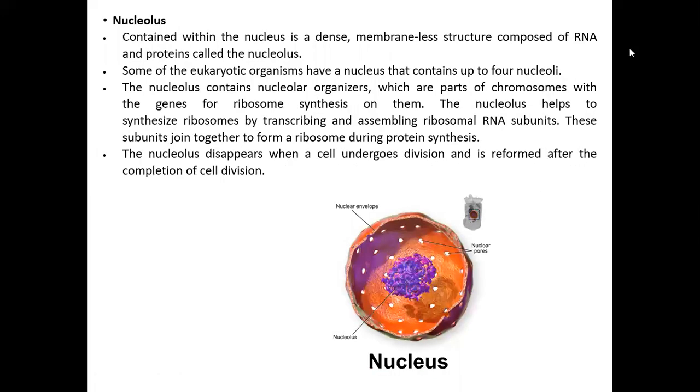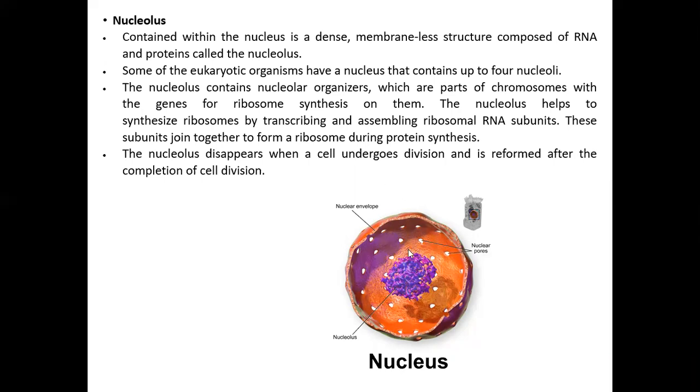Then the nucleolus. The nucleolus is a centrally placed dense membraneless structure, and it is mainly composed of RNA and proteins. Some eukaryotic organisms have a nucleus that contains up to nearly 4 nucleoli.